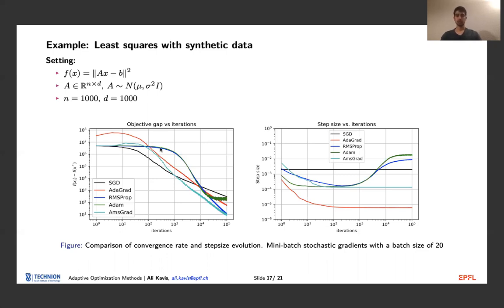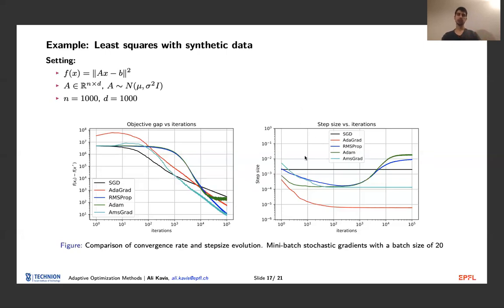And RMSProp starts off slow, but then it catches up with AMSGrad. And Adam seems to converge earlier than we expect, but I didn't run this any further. Maybe it would also continue to decrease, but the reason for this behavior is related to tuning the initial step size as much as beta 1 and beta 2. I did a rough tuning for all of the methods to be fair to all. So this is just a tuning issue which should be fixable.